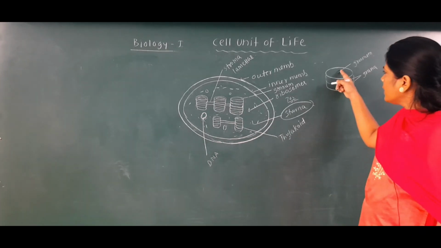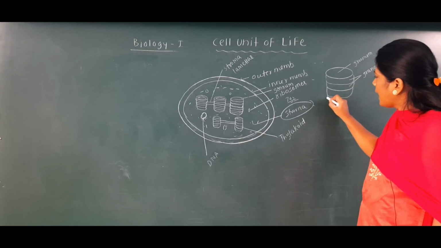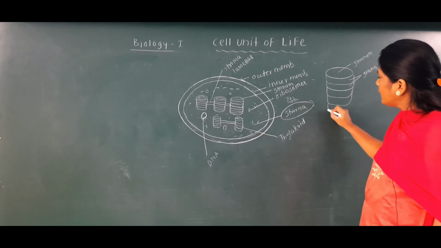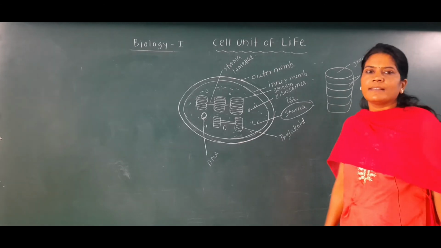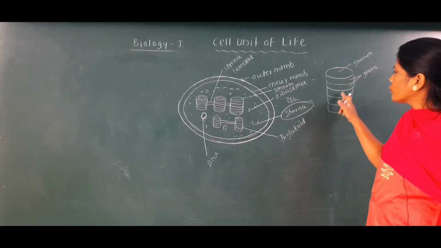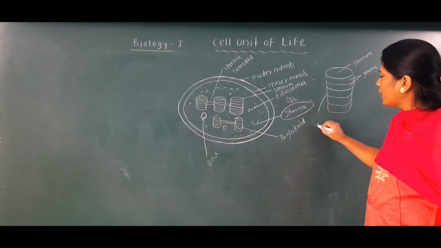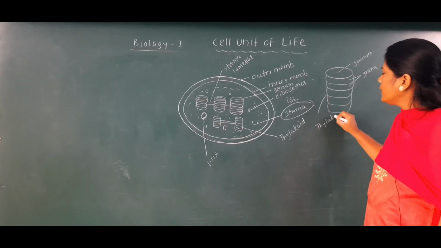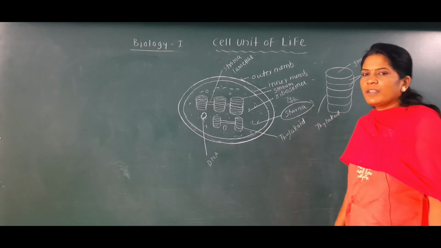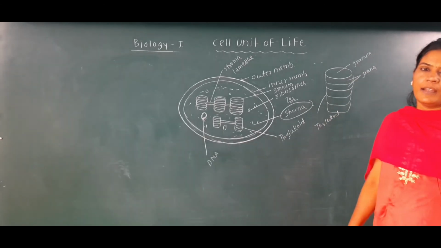So such grana come together, and finally all the grana are placed one above the other like a stack of coins, and the whole structure of the grana which is occupied like this is called the thylakoid. So here you have to be clear that thylakoid is made up of the granum.